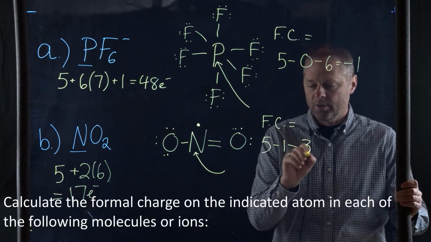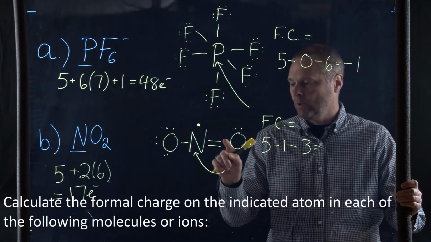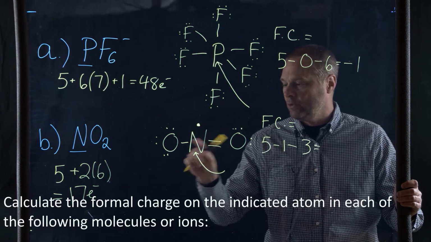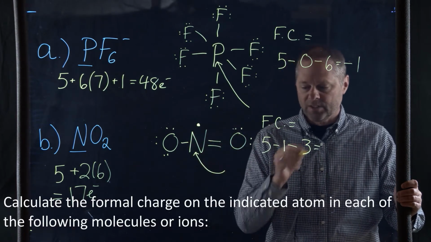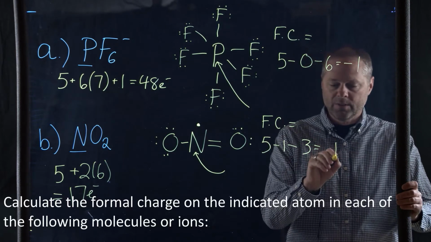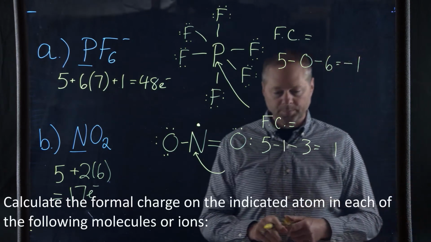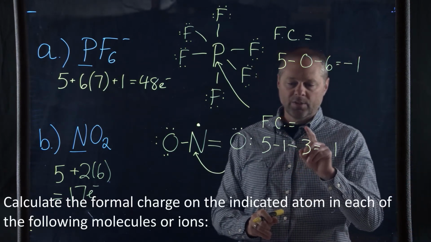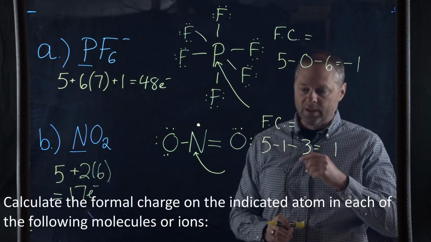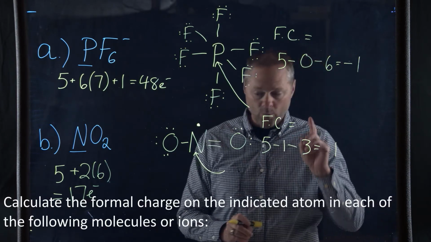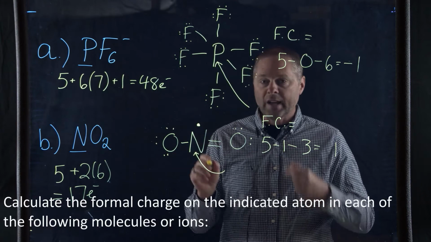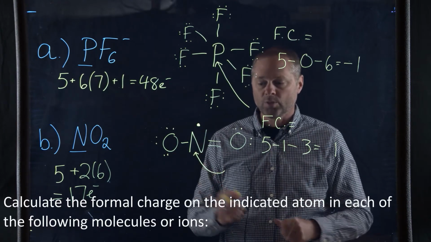So this becomes 3. It has 3 bonds, 1, 2, 3. Or you can think of 2, 4, 6. Half of 6 is 3. And this is going to give us a formal charge of +1. 5 minus 1 minus 3 is going to give us a charge of +1. So the formal charge of nitrogen in this case is going to be +1.